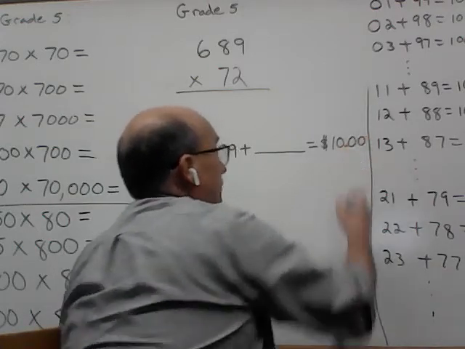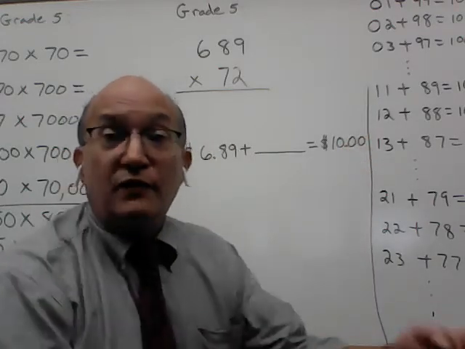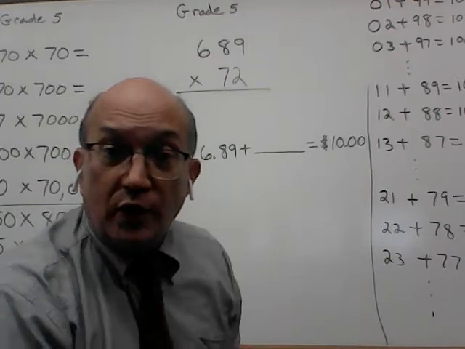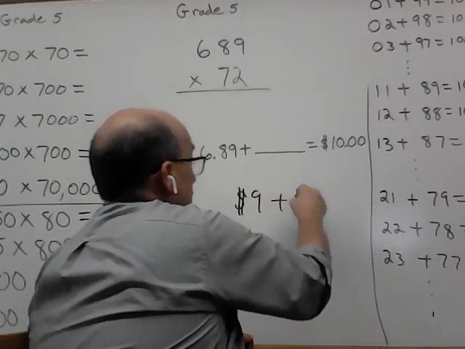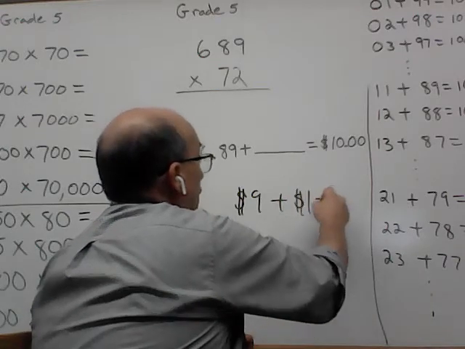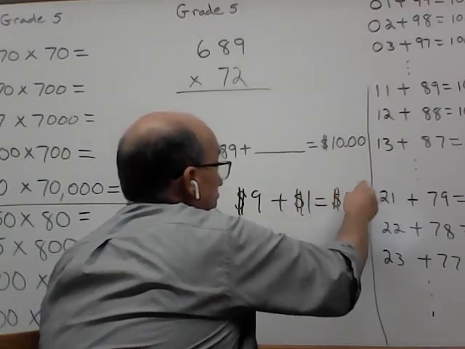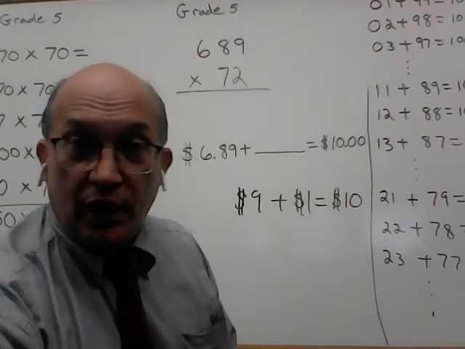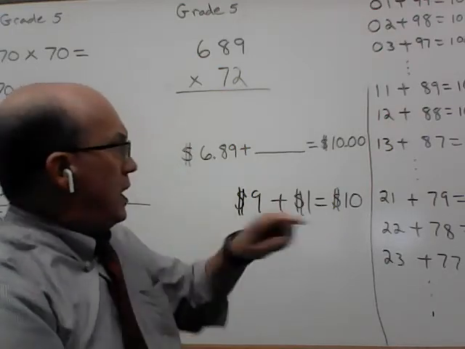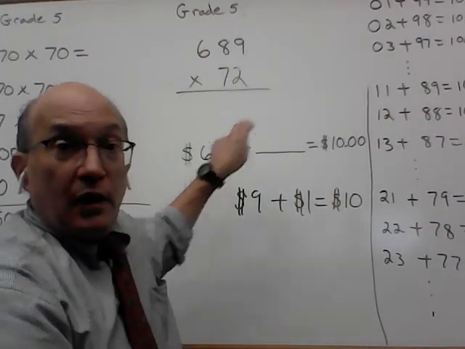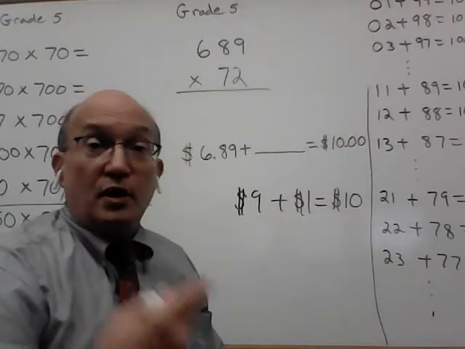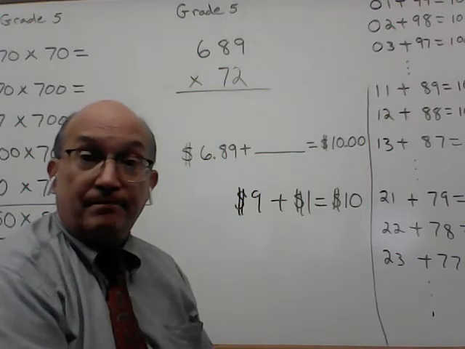And here's the key. When we have a $10 bill, we have to think of $9 plus $1. I hope everyone will agree with me that $9 plus $1 equals $10. That's pretty straightforward so far. Now, if you spend $6.89 and you're paying with a $10 bill, you are not going to get $4 back, right?